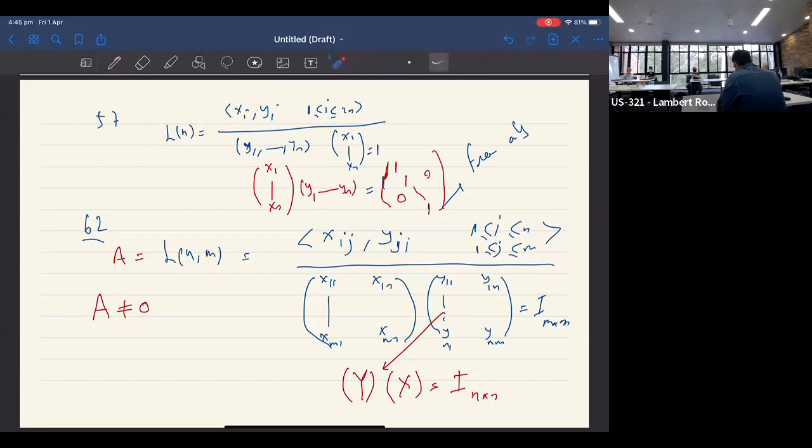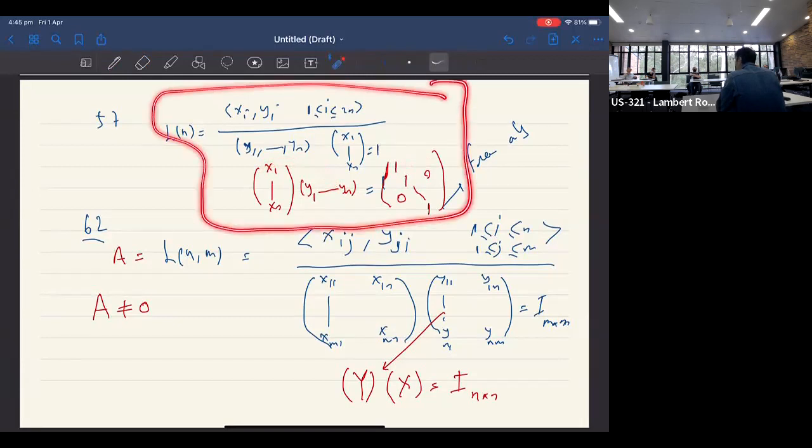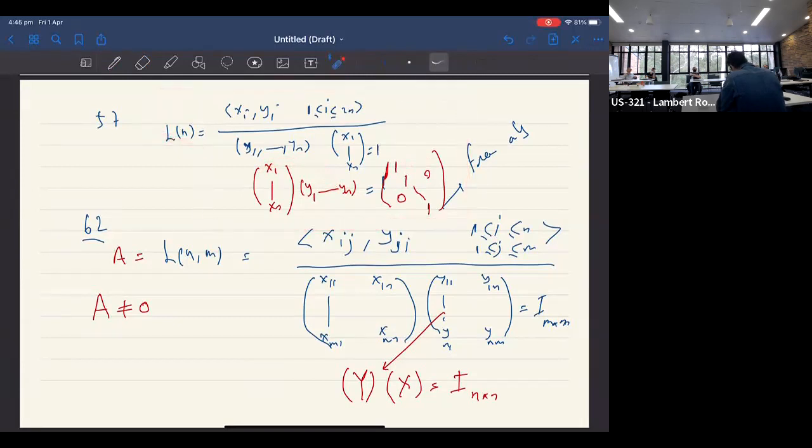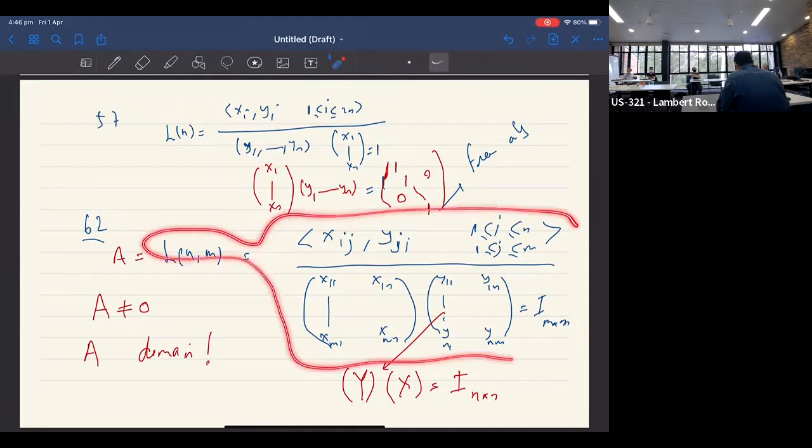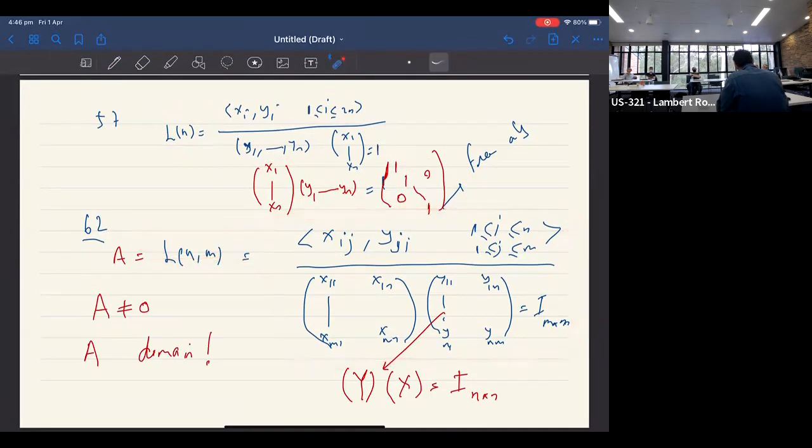So you have a lot of zero divisors. For example, if x1 is multiplied by y2, you get 0. If x1 is multiplied with x3, you get 0. So in these algebras, you have a lot of zero divisors. But what he proved is that this A is a domain. It doesn't look obvious to me, but there are no zero divisors. There is no way you can multiply two elements and it falls into this ideal generated.